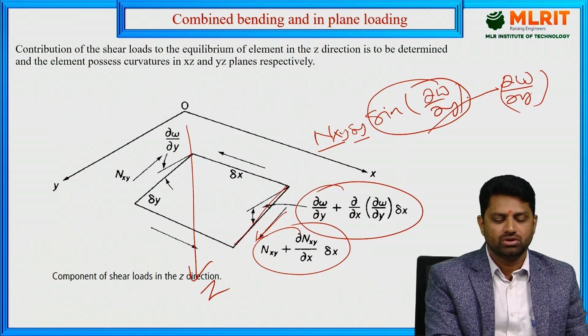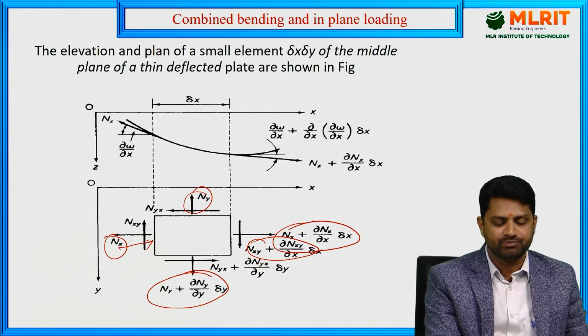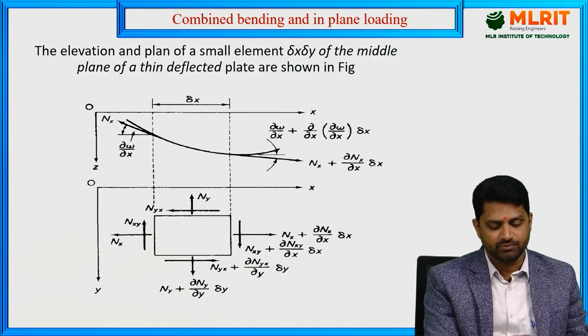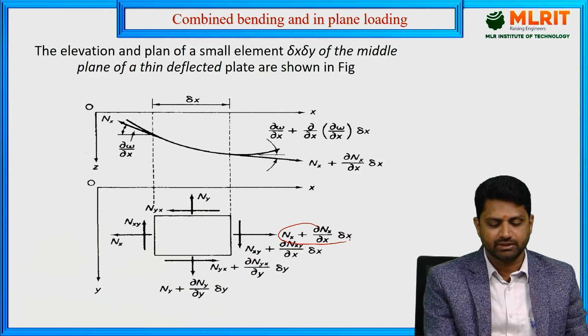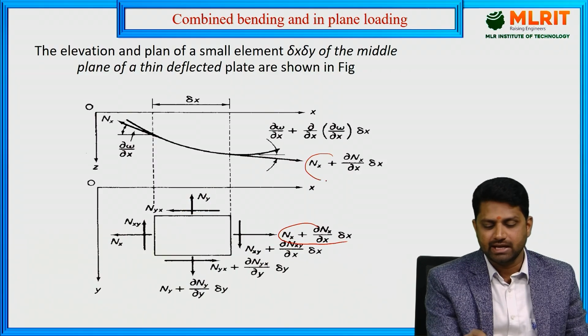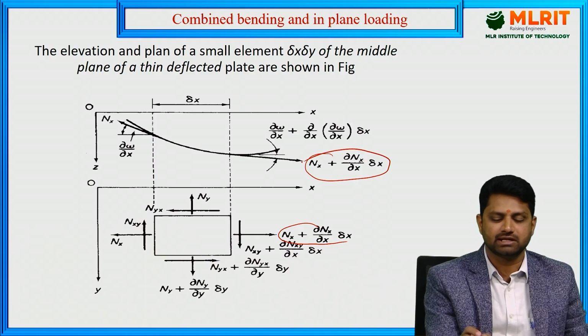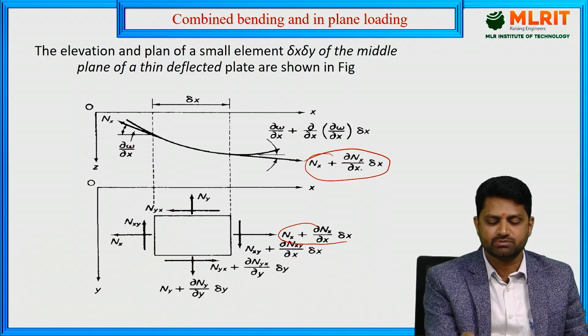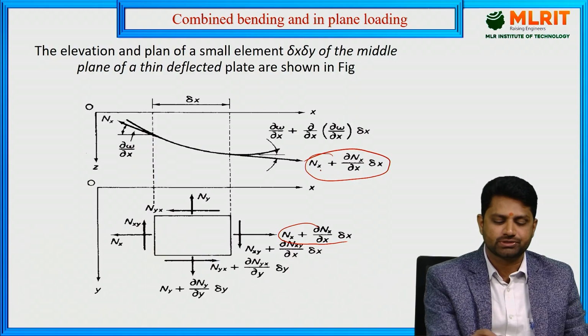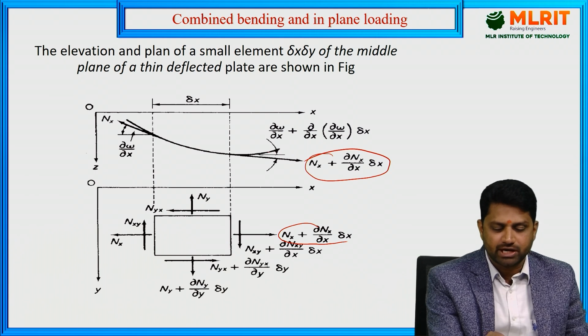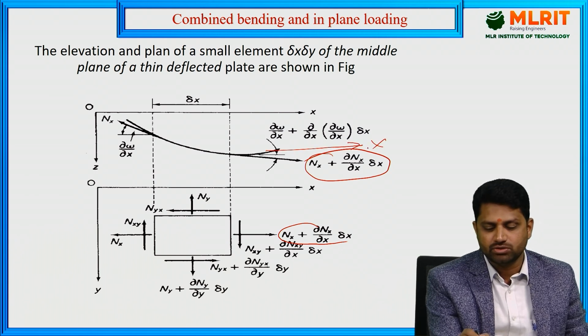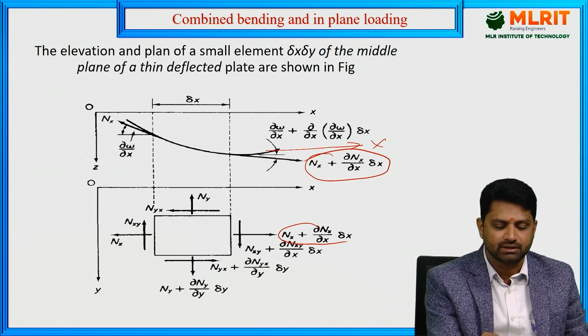Let's go back to the diagram and see what we have here. You can see nx here, and in the front view you can see nx at the top clearly. So nx plus ∂nx by ∂x is the force, and when you take it along the x axis, it gives a cos component, and when you take it in the y axis, it gives the sine of the component.